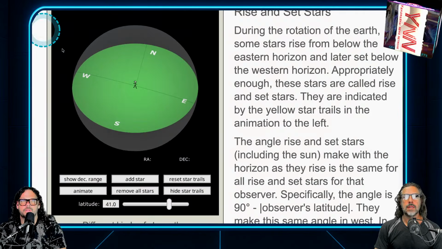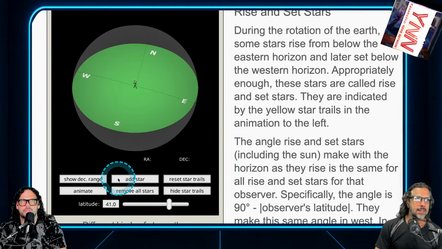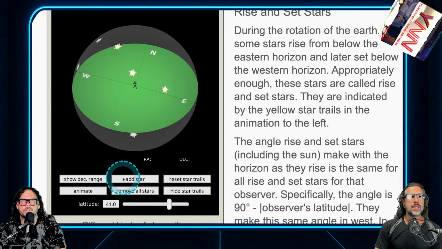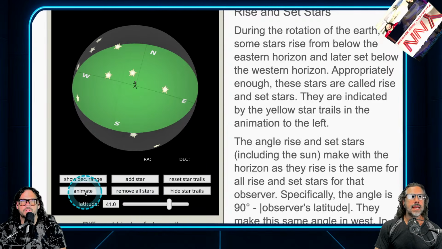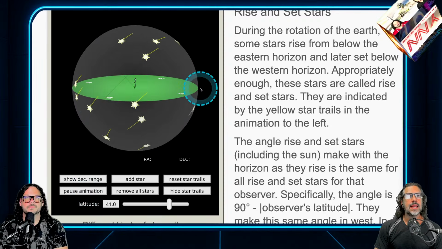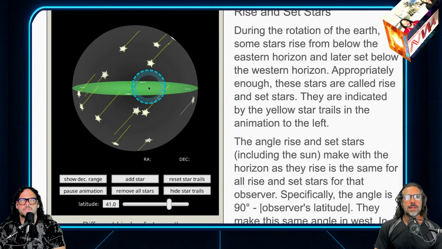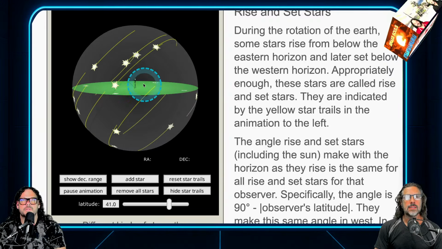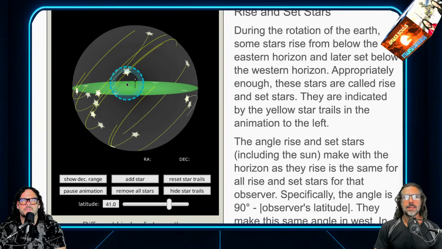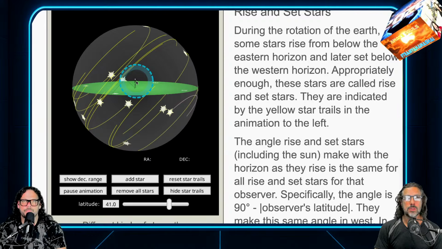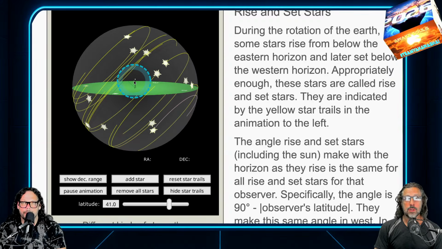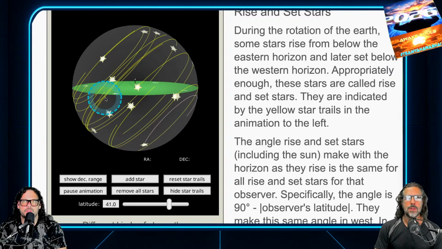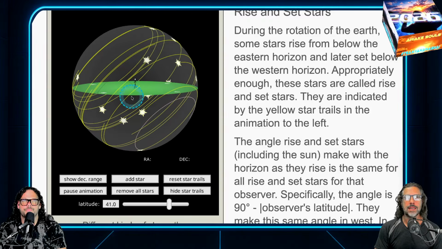Try to keep it simple so that everybody, let's add a bunch of stars here, click animate. And yes, this graphic is literally showing that the stars are rising from the Earth at the extent of a person's circle of sight, and setting back into the Earth in their circle of sight.